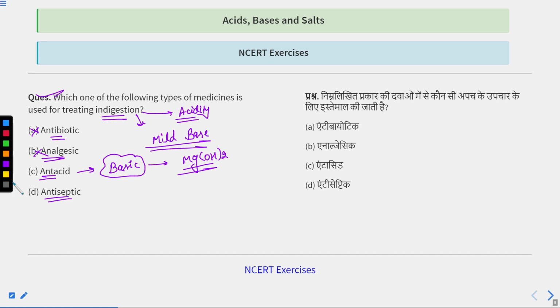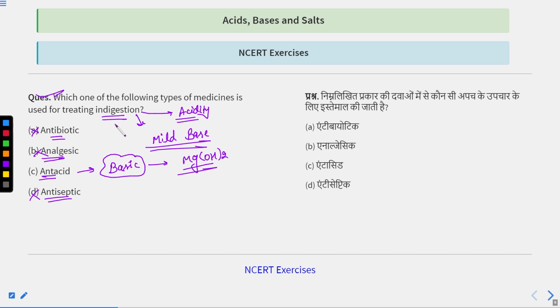What about antiseptic? Antiseptic is also used to stop infections. Antiseptic and disinfectant are used to stop infection. So A, B, and D are not the correct answers.